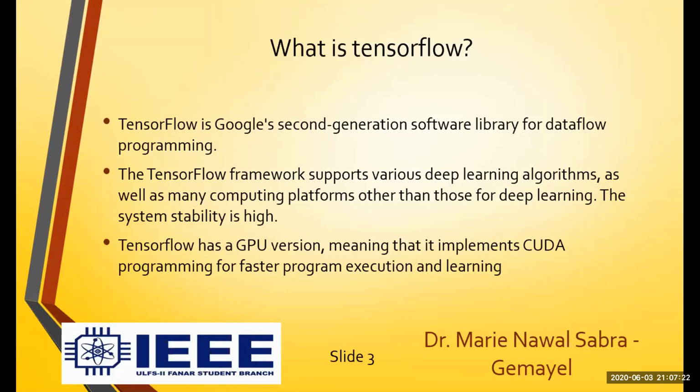It's called the CUDA program. TensorFlow GPU, once you download it and install it on your computer, has CUDA implemented internally, so you don't need to program CUDA in order to use your GPU. This is where we have an advantage in TensorFlow, but you only download it whenever you have a computer with a GPU.